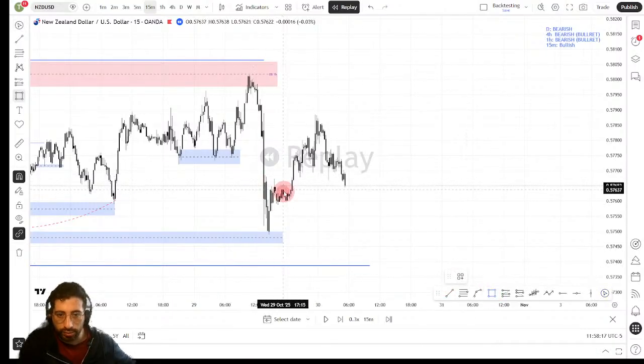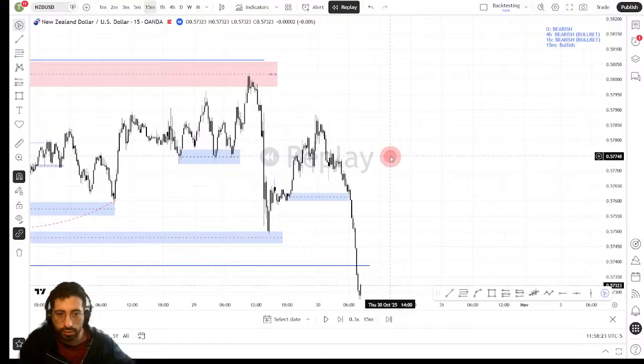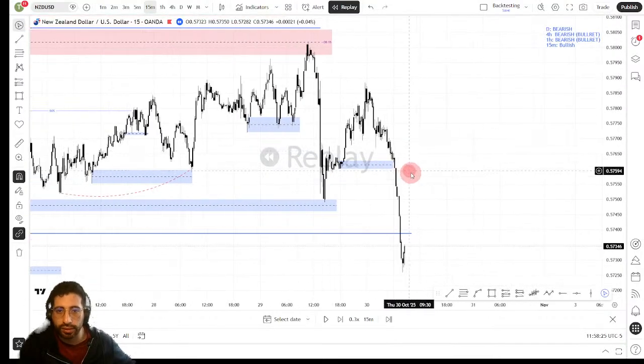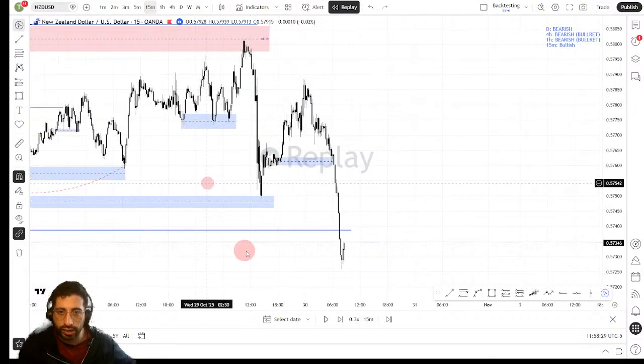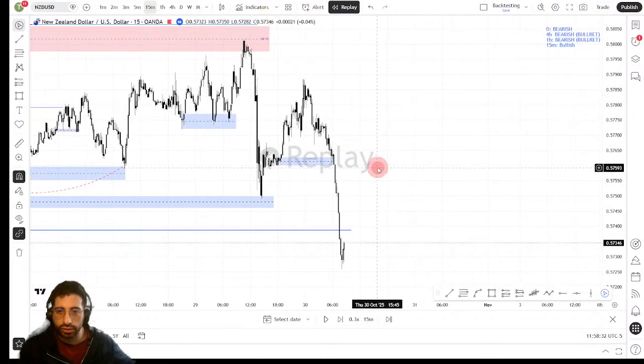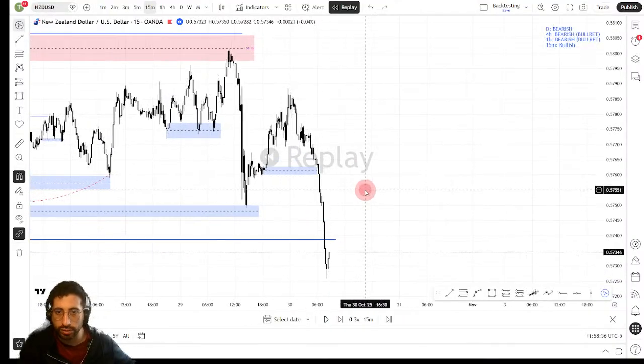Look, probably we have a reaction here. All right, it didn't. We didn't have a reaction. So now this breakage, which is very interesting, has let us know that we are in a bearish impulse, right? We are in a bearish impulse.